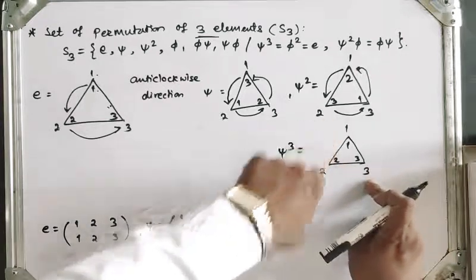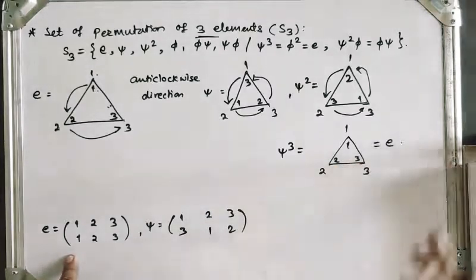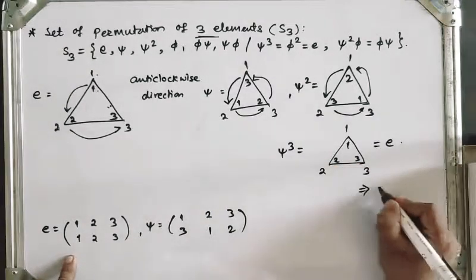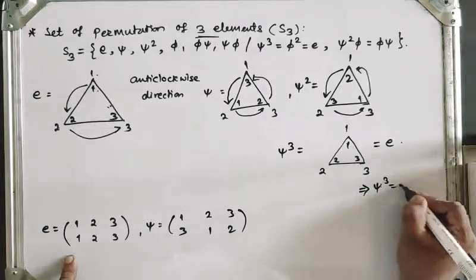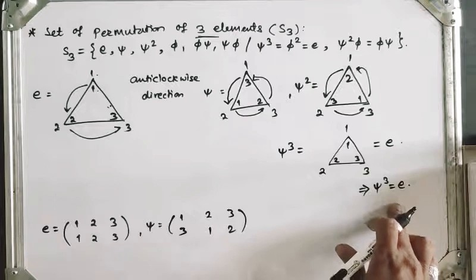So this is the structure of the identity element. Psi cube is equal to identity. This is the property.